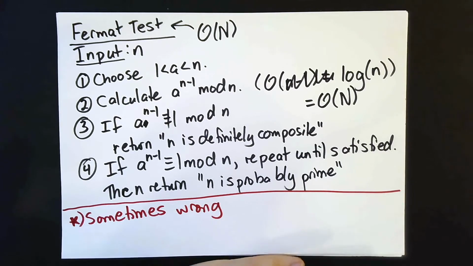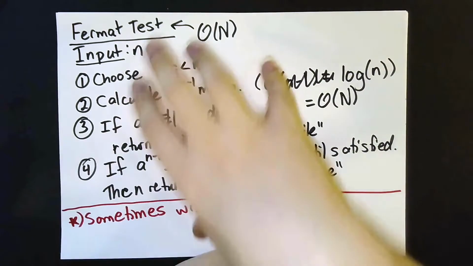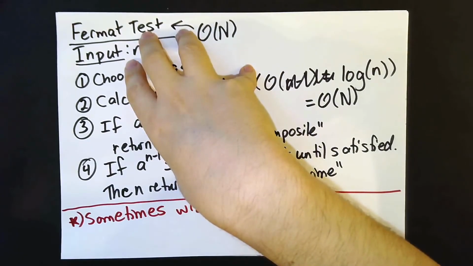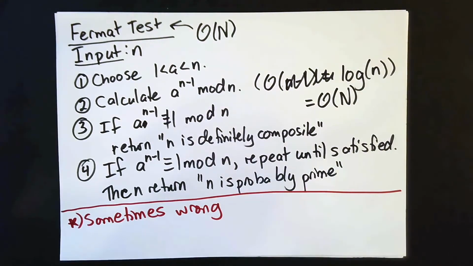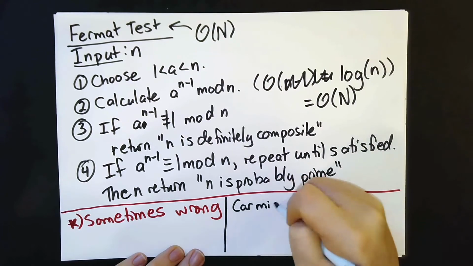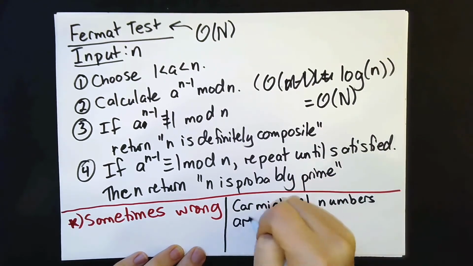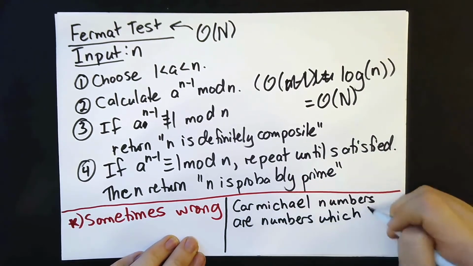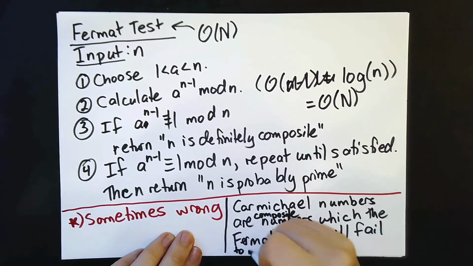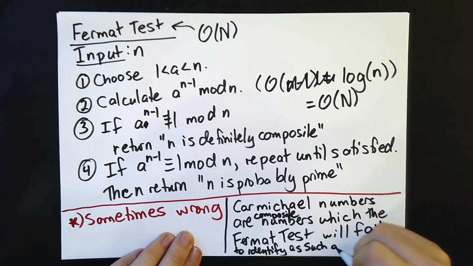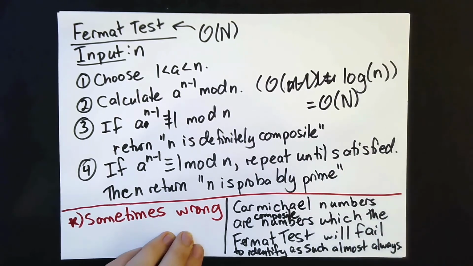But it is true that there are some numbers for which this test will almost always say that they are prime, even though they're actually composite. And these numbers are called Carmichael numbers. So Carmichael numbers are composite numbers with the weird property that this primality test is going to falsely report them as prime the vast, vast majority of the time.